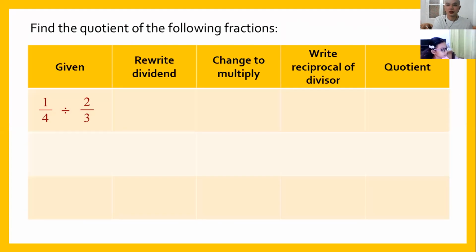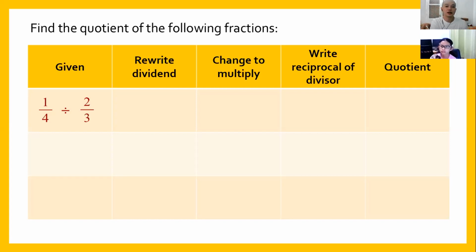Now, find the quotient of the following fractions. In the first column, it's given, that's just the problem. In the second column, rewrite the dividend. In the next column, change to multiplication. And then rewrite the reciprocal of the divisor.